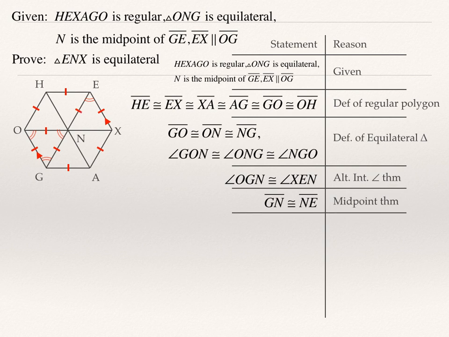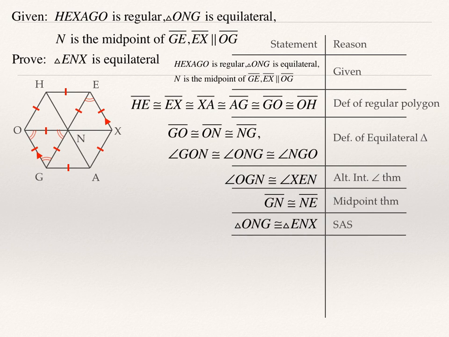Well, remember, our whole goal is to prove that triangle ENX is equilateral. But if we look at triangle ENX, we see side angle side, and we also have side angle side on triangle ONG. So that means we can say that they're congruent through side angle side.